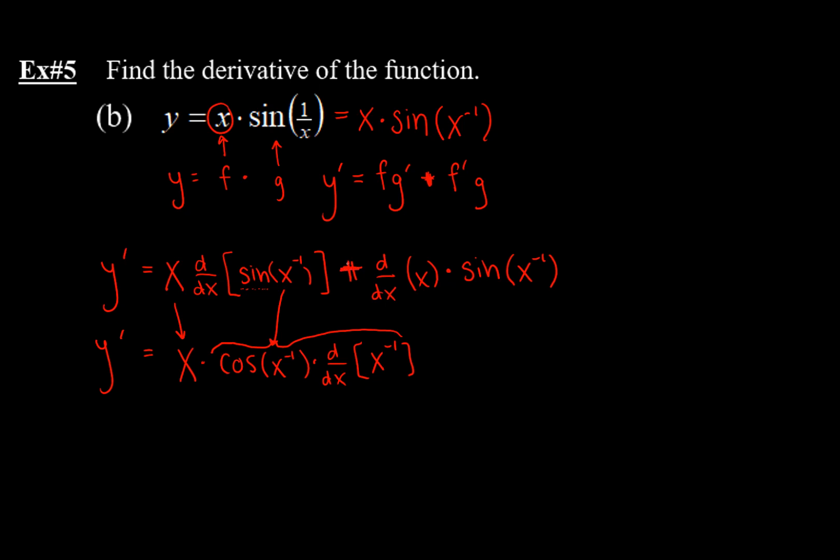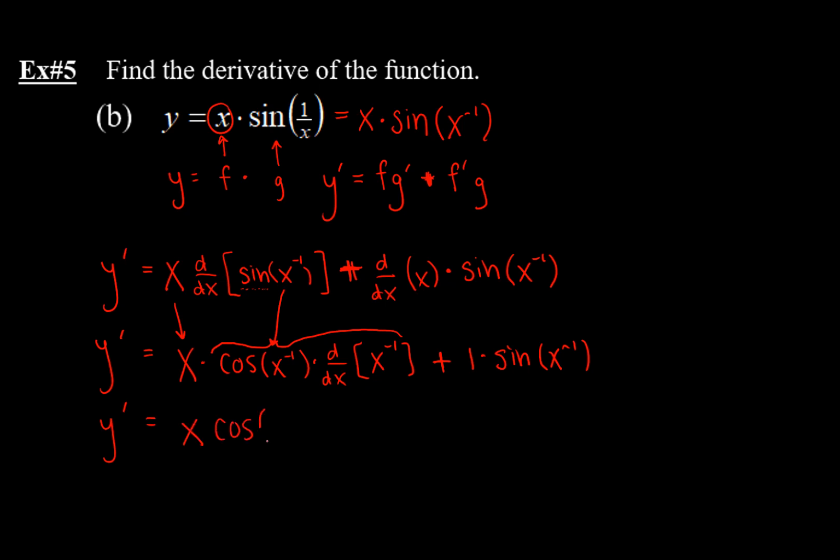And now I get to my plus. The derivative of x with respect to x, no problem. That's 1. Super easy. And then this sine function, we didn't do anything with it. We're just going to write it down. Okie dokie. So x drops down.